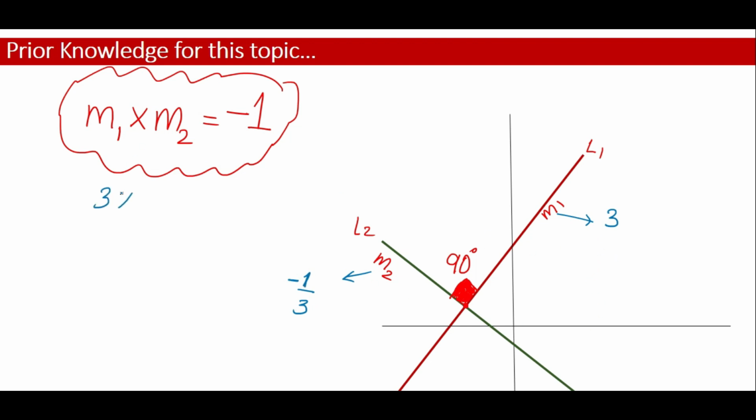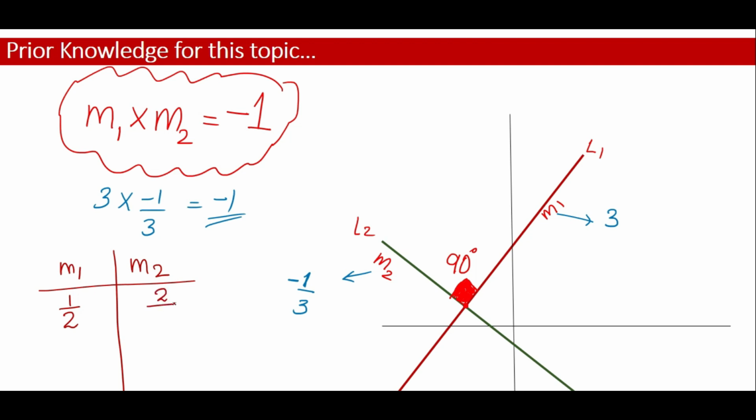You can see 3 times -1 over 3 giving you -1. Now the skill that you need here is, for example, if you have 1 by 2 as the gradient for M1, for M2 you flip this fraction to 2 by 1. If this is positive, this is going to be negative.